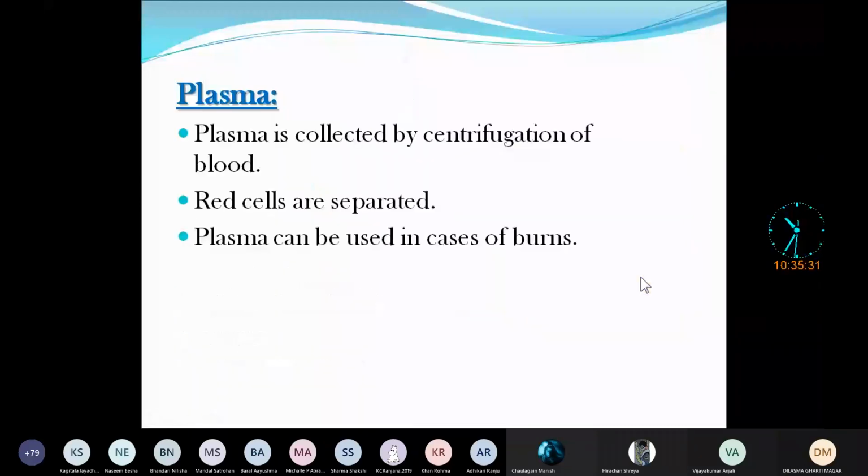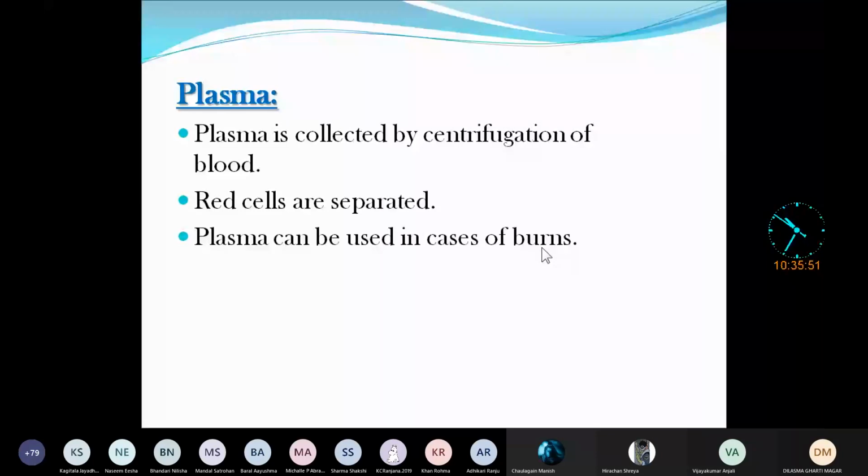So now here, plasma is collected by centrifugation of the blood, the red cells are separated, and the plasma can be used in cases of burns. Have you seen any burn patient? In burn patients, their skin will be burnt, isn't it?